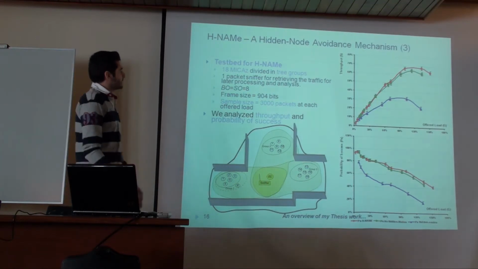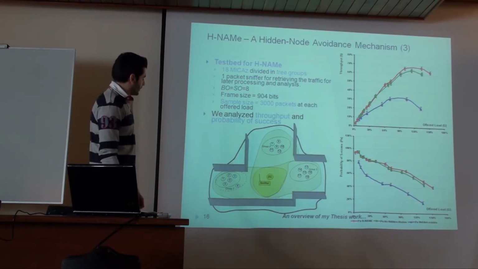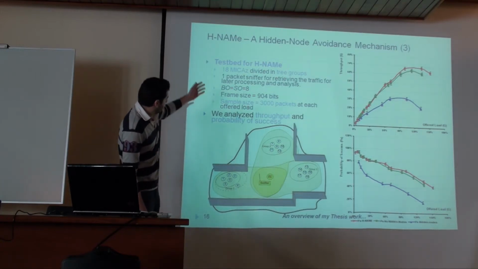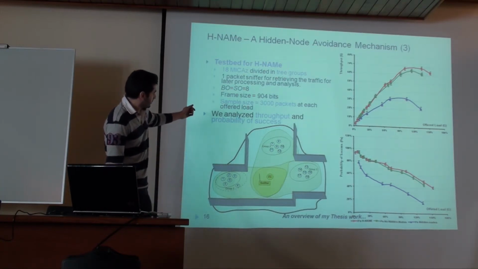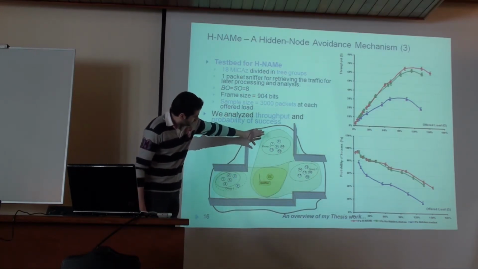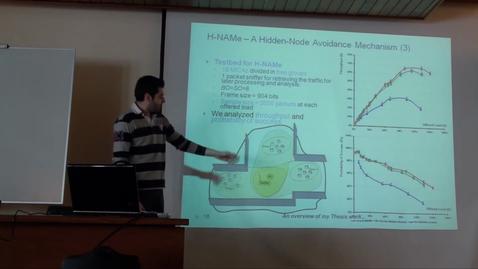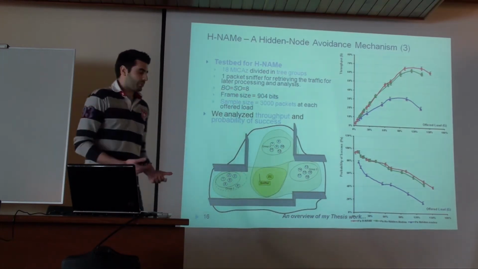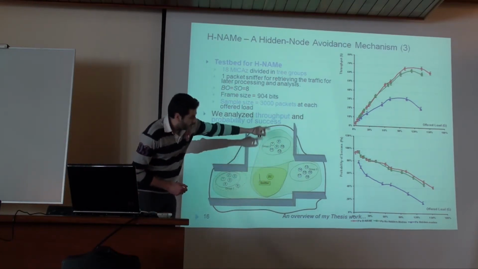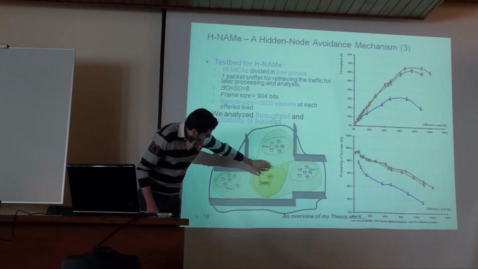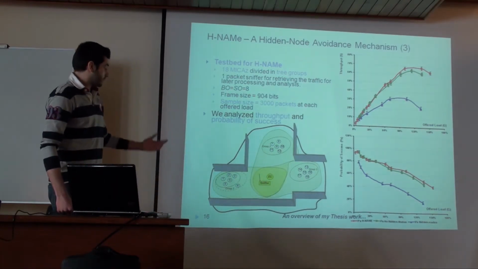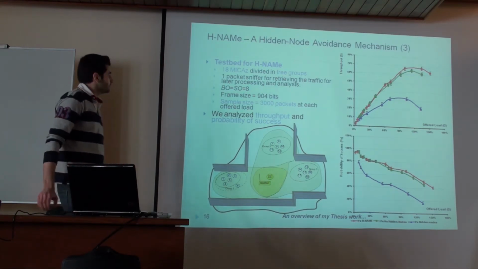So we tested this. We experimentally built a test bed where we placed 18 MicaZ nodes. So we had a group of 6 nodes here, another 6 nodes there, and some others there. These were not visible to each other, so they were hidden. These are some obstacles, these are walls, and then we had a ZigBee coordinator and a sniffer to get all the traffic.